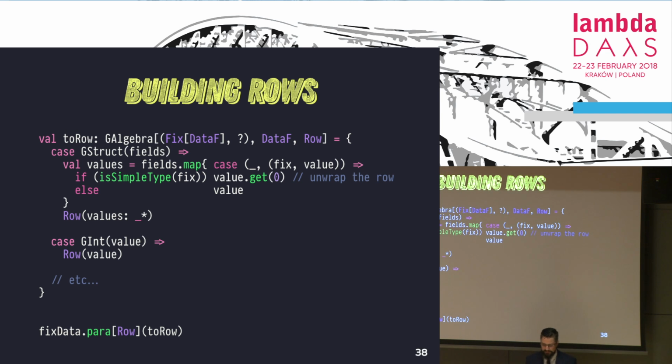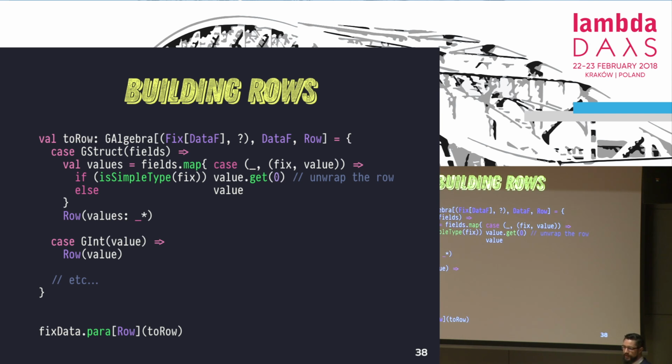So that looks like that. We build a GAlgebra that takes Data F of pair of Fix Data and row, and we produce a row. So here, if we imagine we have a function that tells us if a tree represents a simple type, like integer, string, date, and so on, we just have to check that the previous tree was a simple type.